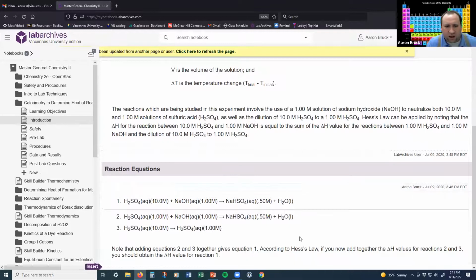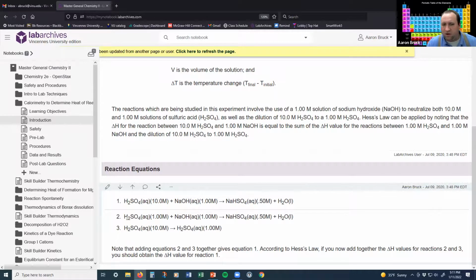Here are the three chemical reactions that you're going to do. You're going to take 10 molar sulfuric acid and react it with 1 molar sodium hydroxide to give us sodium bisulfate in solution.